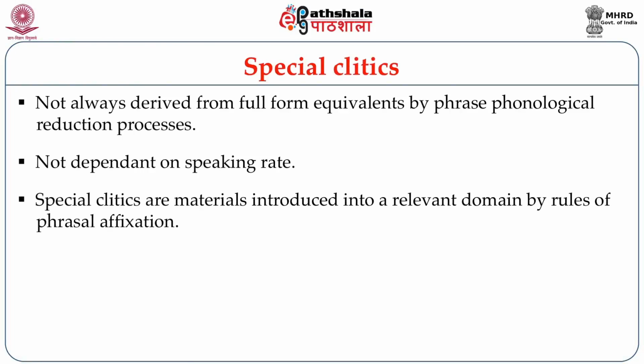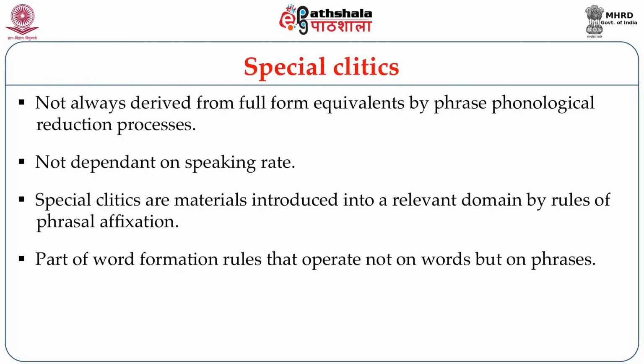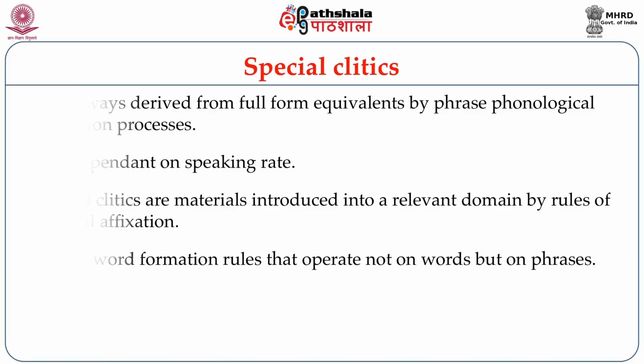What we find is that special clitics are introduced in the syntax by a process of phrasal affixation. These are part of word formation rules that do not operate on words but on phrases.